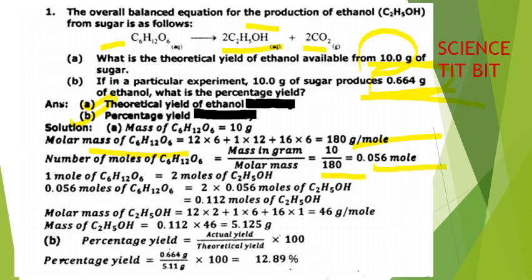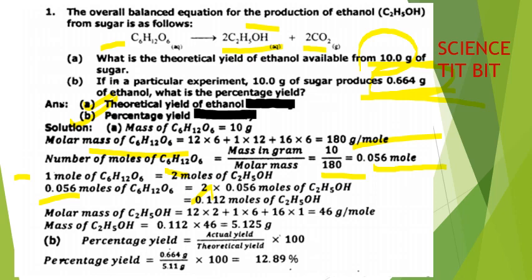Now relate the moles of glucose with ethanol from the balanced chemical equation. According to this, 1 mole of glucose produces 2 moles of ethanol. So 0.056 moles will produce how much? That comes out 2 upon 1 multiplied by 0.056 moles of C2H5OH. So the moles come out as 0.112 moles.